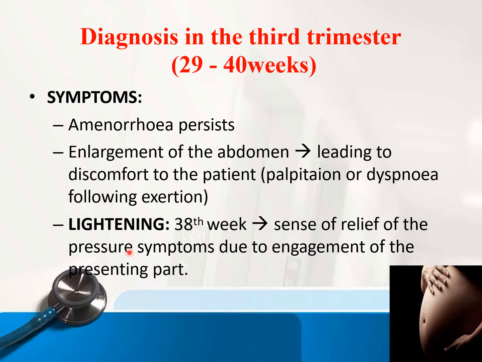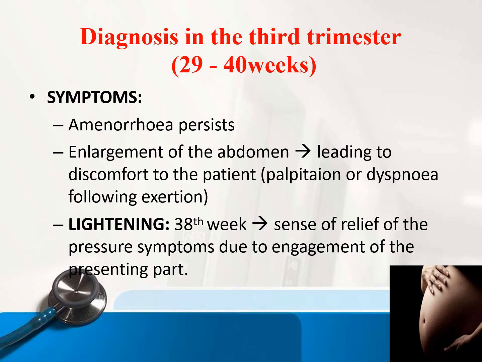It is nothing but when the fetus is descending downward, the lady will get a relief from the palpitation and dyspnea that has occurred due to the gravid uterus. So she is getting a relief from the pressure symptoms, and that is known as lightening, and it is due to the engagement of the presenting part.